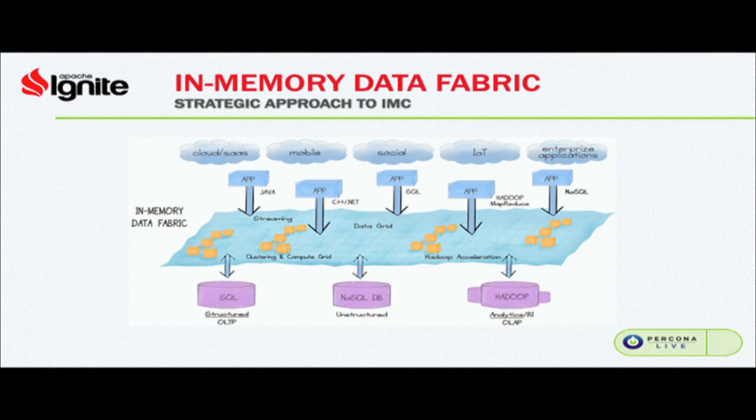The data will be persisted in the MySQL database, and at the same time, it will be located in memory across a cluster of your machines. When the data is updated in memory, all the updates will be automatically propagated to your disk layer, to your MySQL database. At the same time, if a value is missing in memory, it will be preloaded from your database. So the idea is simple.